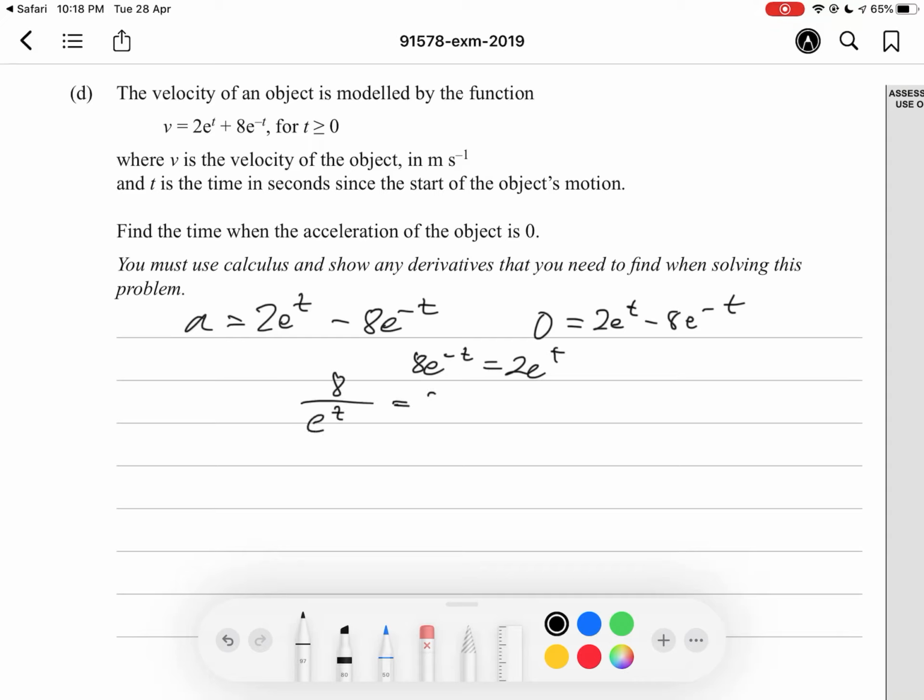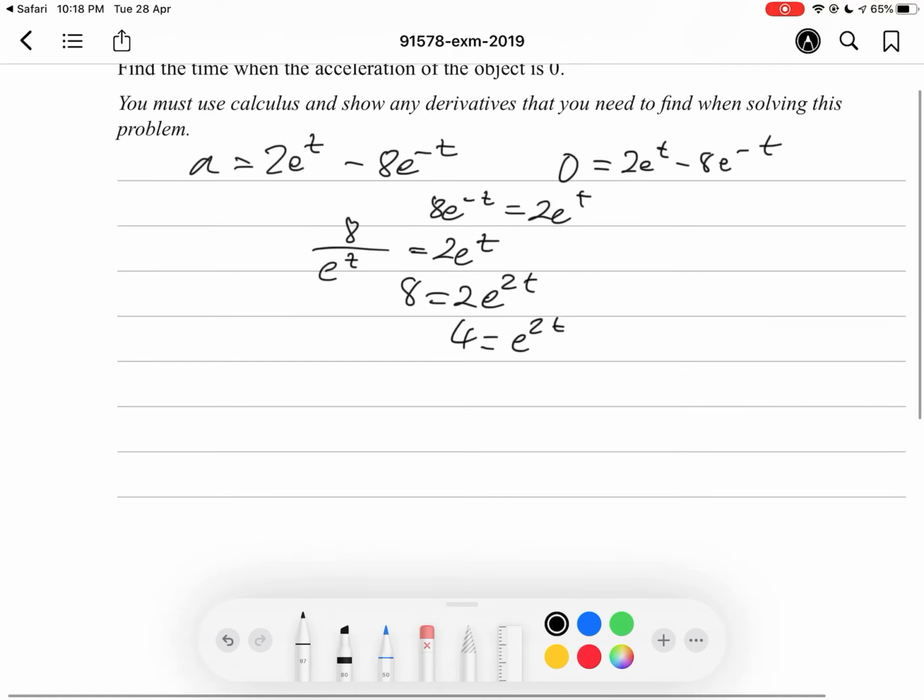So we can rewrite this as 8 equals e to the power of 2t, because e to the power of t times e to the power of t equals e to the power of t plus t, which is e to the power of 2t. So 4 equals e to the power of 2t, and if we take the natural log of both sides, ln 4 equals 2t.